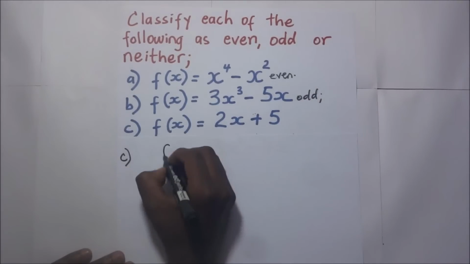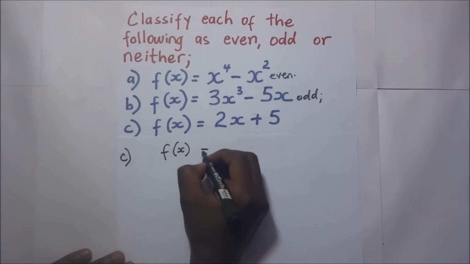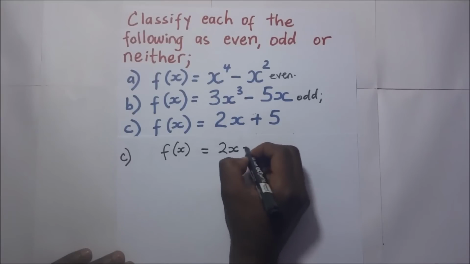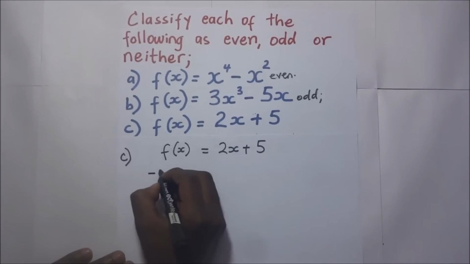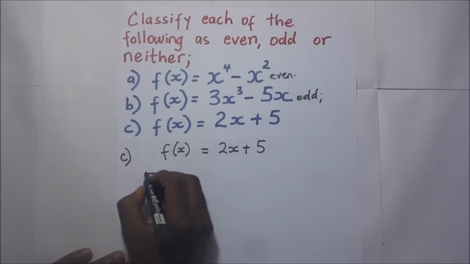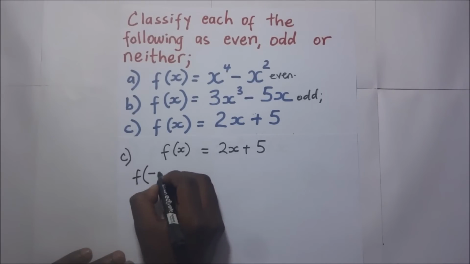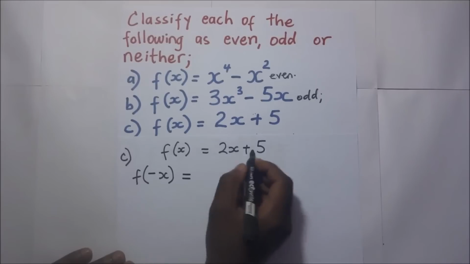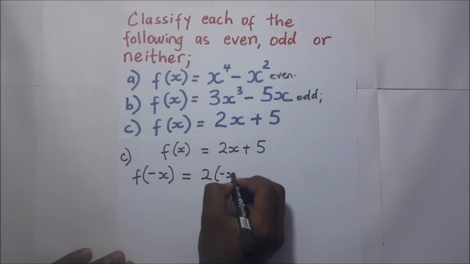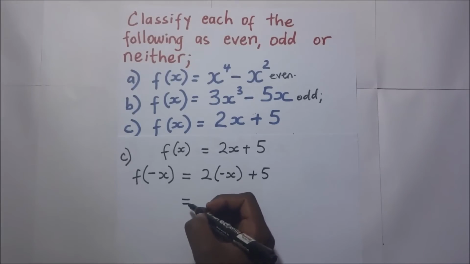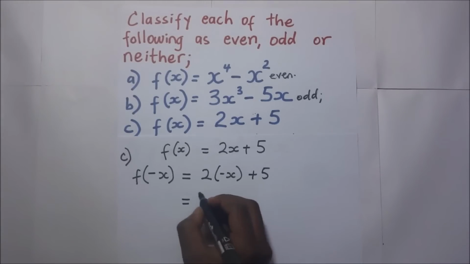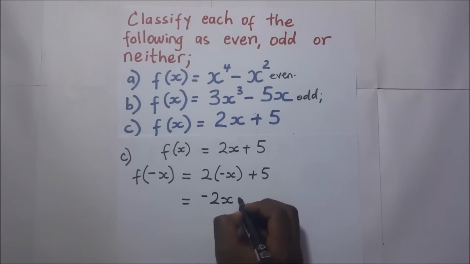So part C, we have f of x giving us 2x plus 5. Let's plug in a negative here. That is f of negative x, which is definitely going to give us 2 times negative x plus 5, and then we end up with negative 2x plus 5.